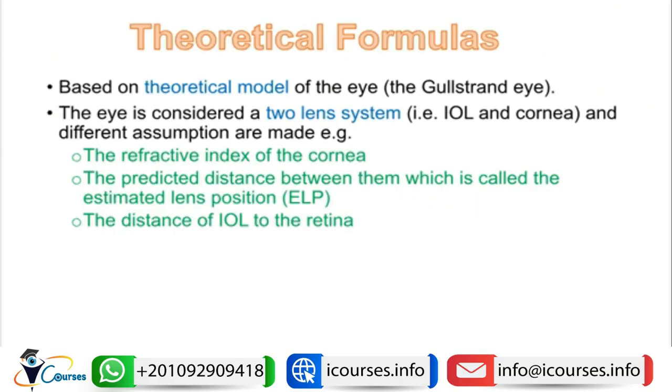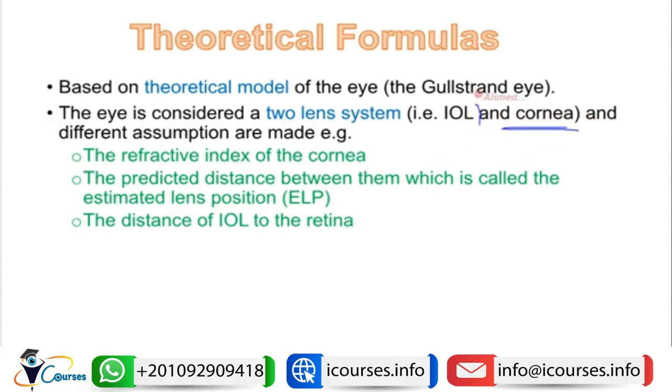So what are the types? First of all, the theoretical formula. By saying theoretical formula, it is based on a theoretical eye, which is the Gullstrand eye. You remember the schematic eye of Gullstrand that makes a schematic representation of the power of the eye by calculation of the power of the different refractive media of the eye, which are specifically the 2 systems, the cornea and the lens.